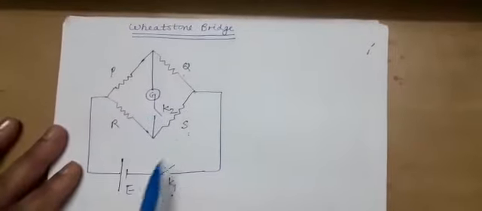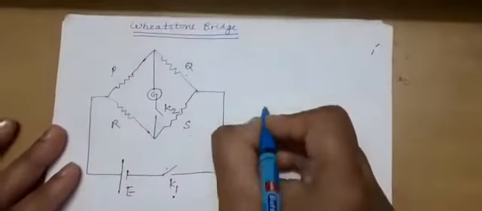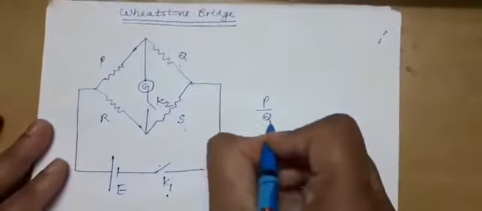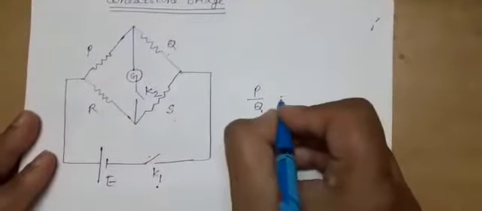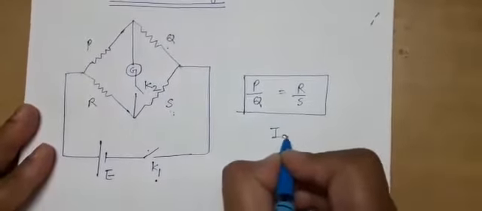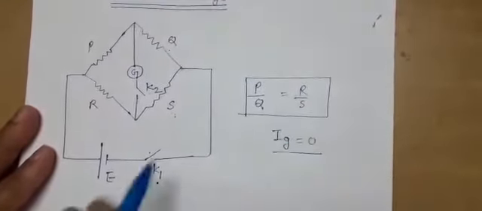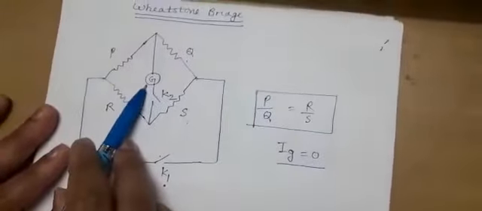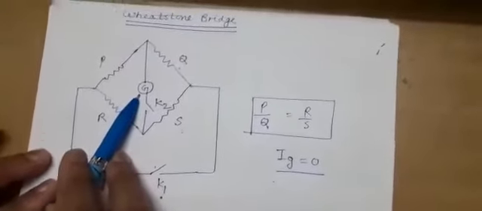It means if P upon Q is equal to R upon S, this is only possible under one condition, when the current through the galvanometer is 0. That means no current is flowing through the galvanometer.